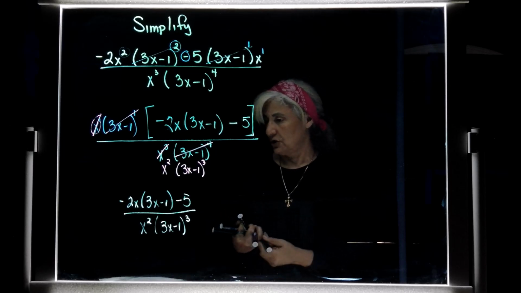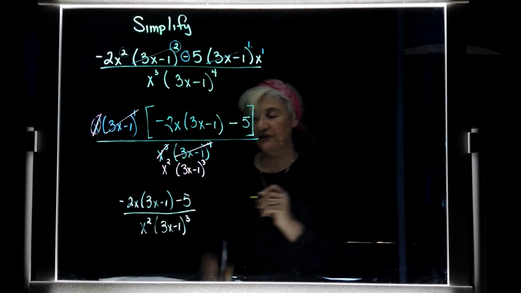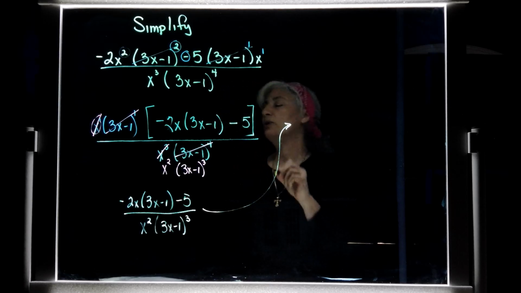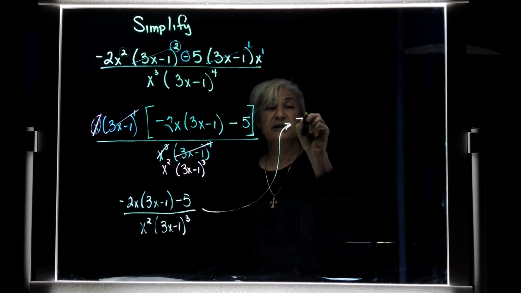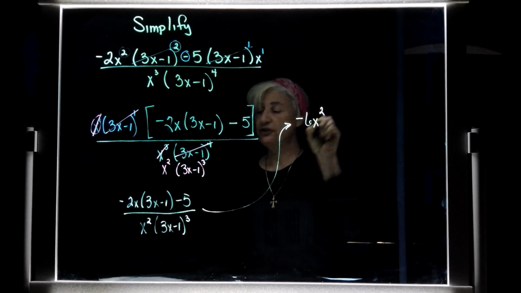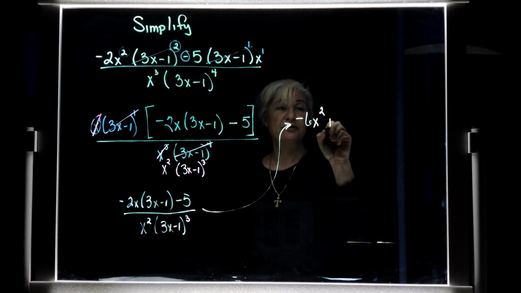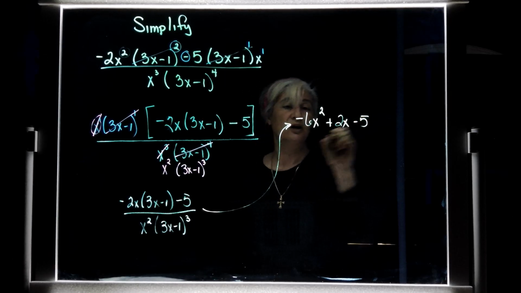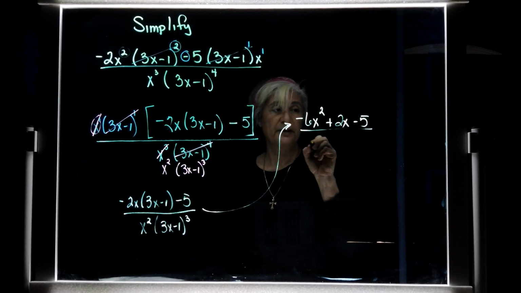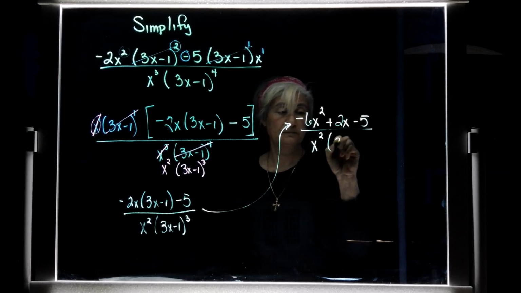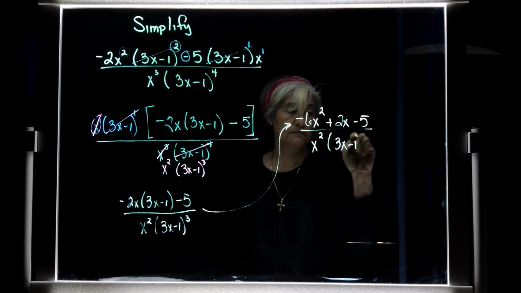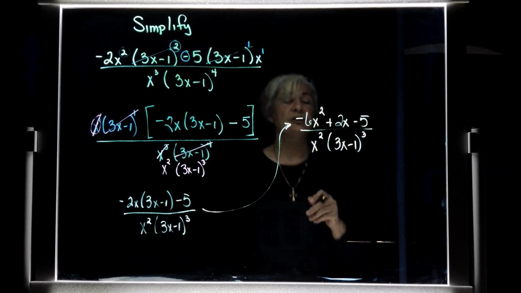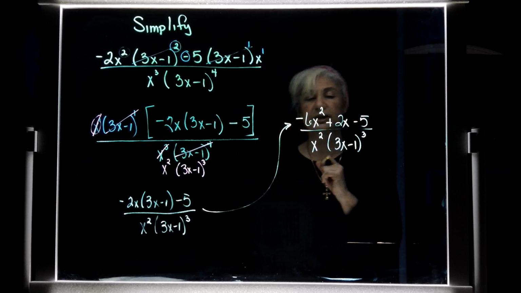Okay. So now, let's simplify this numerator. Let's see what we get. We have a negative 6x to the power of 2 plus 2x minus 5 all over this parenthesis. Good. Well, this fraction is nicer looking.